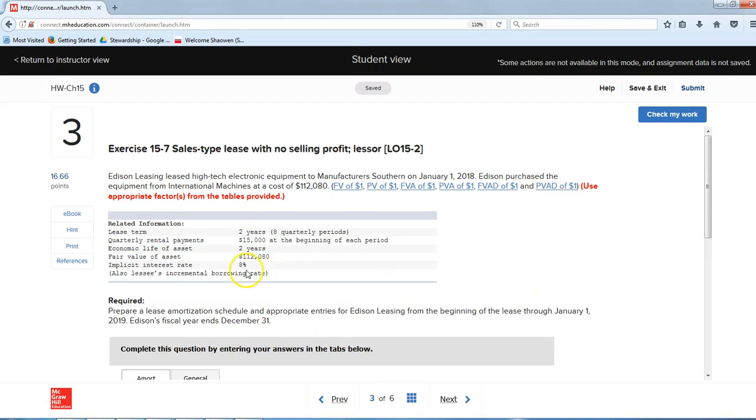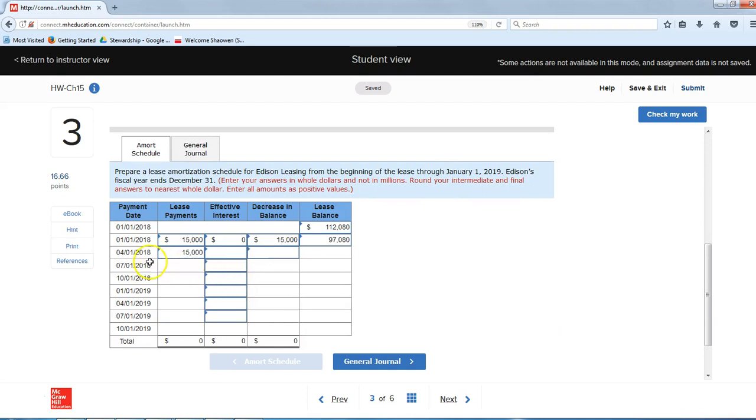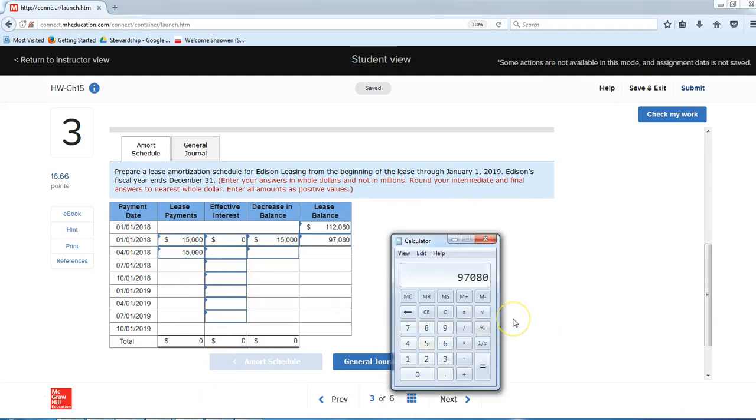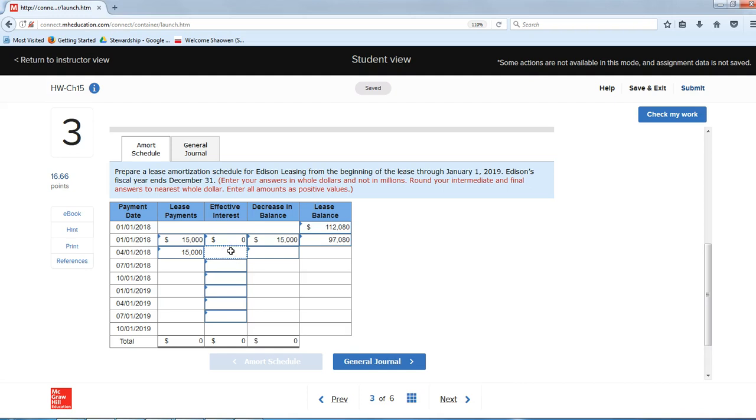The interest rate in this example is 8%, but this 8% represents the whole year's interest. Here I only need to capture 3 months of interest. 3 months of interest is 1/4 of the year, so we multiply by 2%. The interest revenue for the lessor is $1,942. We round to the dollar.